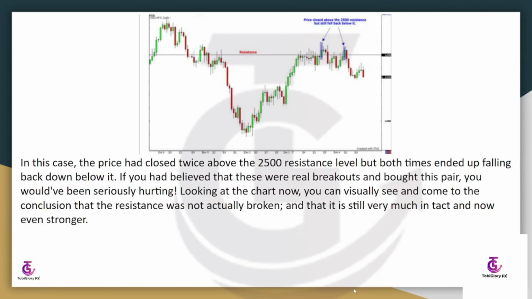In this case, the price had closed twice above the 2,500 resistance level, but both times ended up falling back down below. Here, for example, this is the resistance level. It went up, came back down, went up, came back down, which indicated that this resistance zone is very, very strong. Price has not broken it.